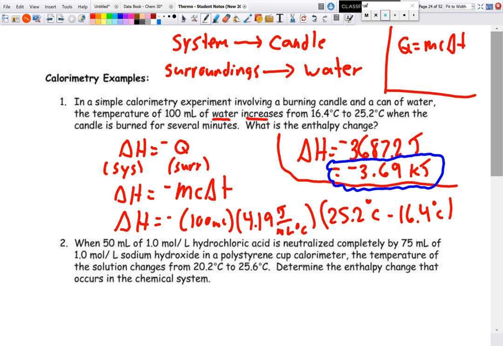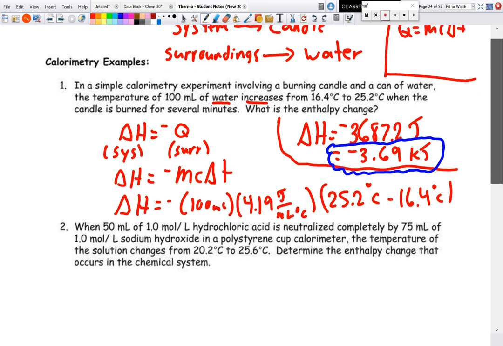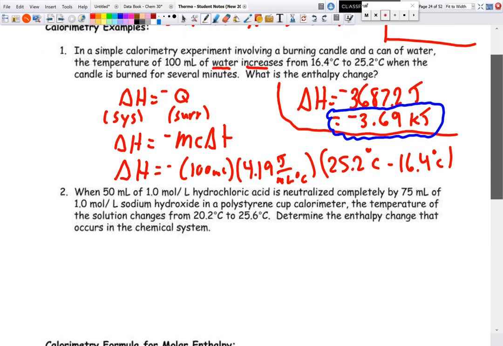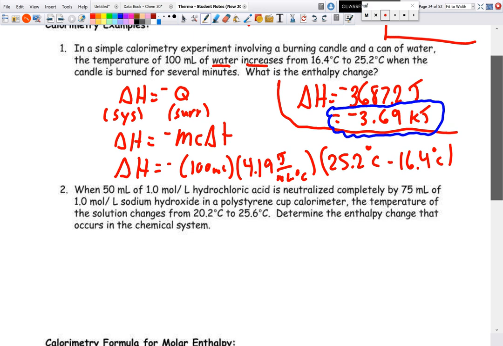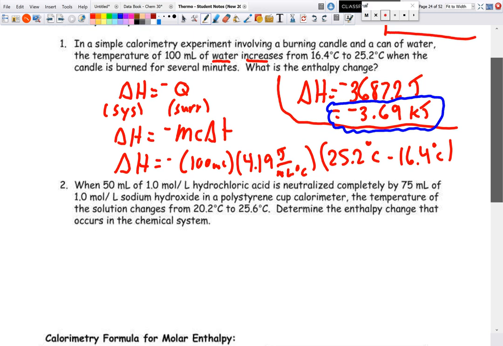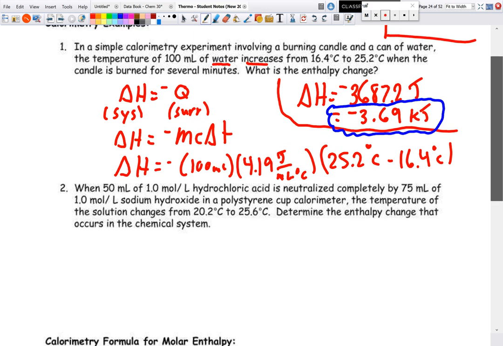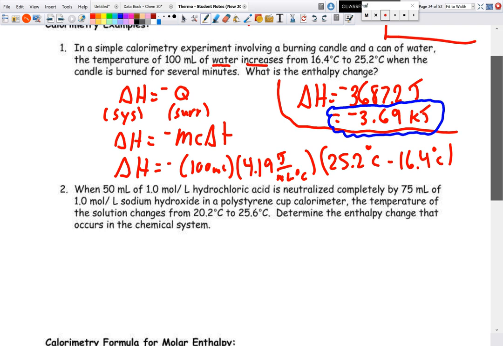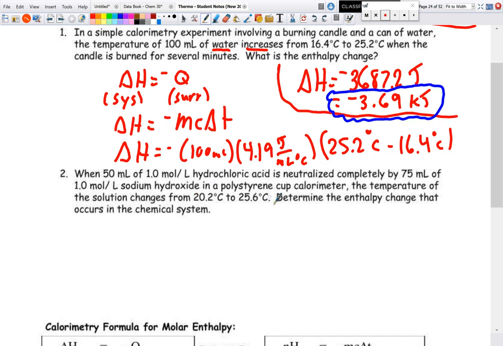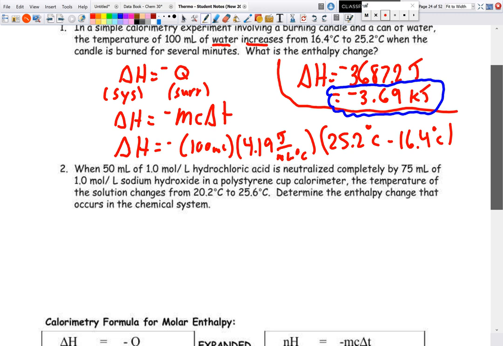So, same thing with the other one. I want you to read this one as well and give it a try. So what we have here is when 50 milliliters of 1.0 moles per liter of hydrochloric acid is neutralized completely by 75 milliliters of a 1.0 moles per liter solution of sodium hydroxide in a polystyrene cup calorimeter, that's a lot to say, the temperature of the solution changes from 20.2 to 25.6. Determine the enthalpy change.